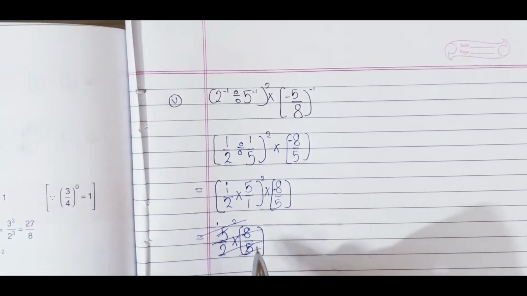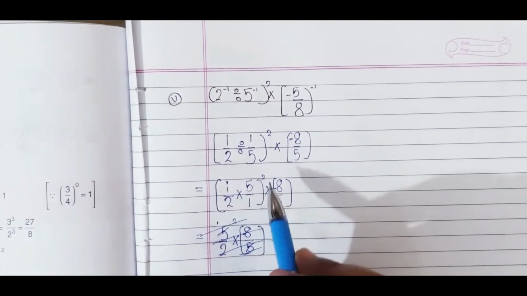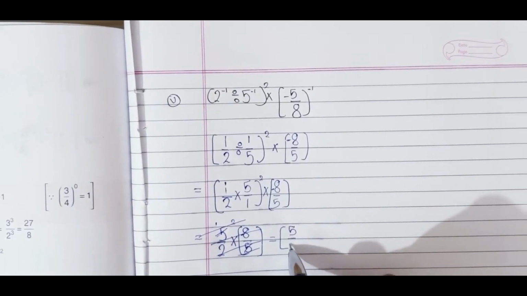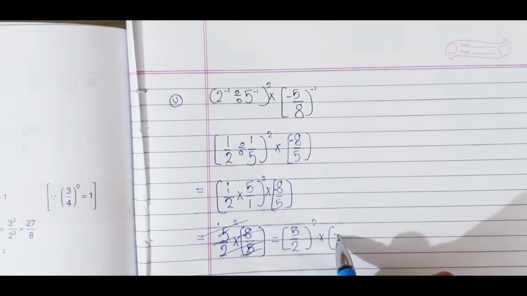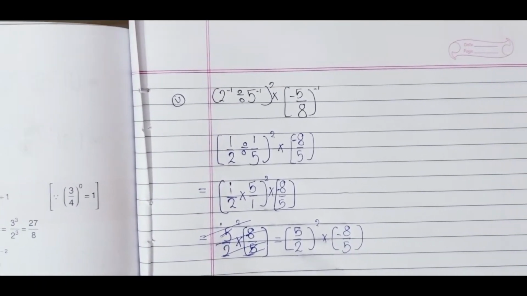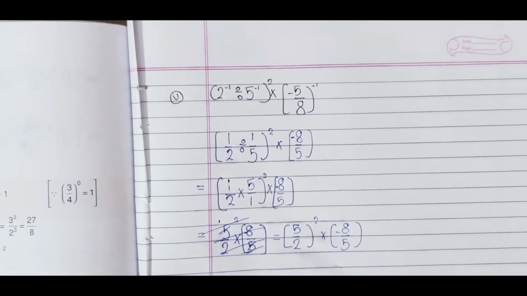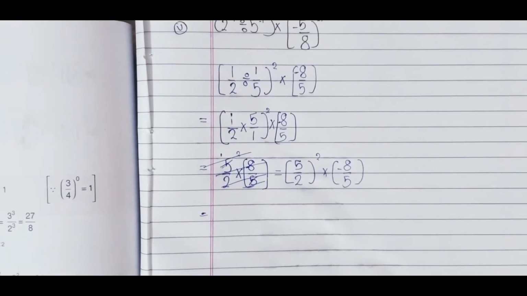Sorry guys for this. It is equal to, as we will do now, 5 by 2 to the power square into minus 8 by 5. Sorry guys, in between I also forgot how to do this one. Just silly mistakes I do. Sorry guys for that. Please forgive me.